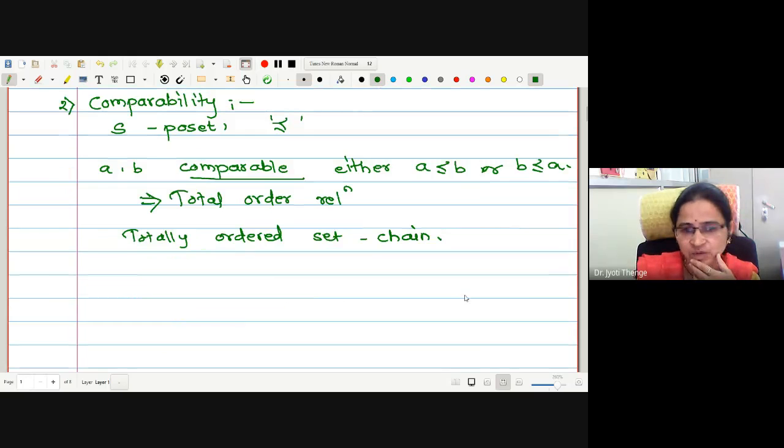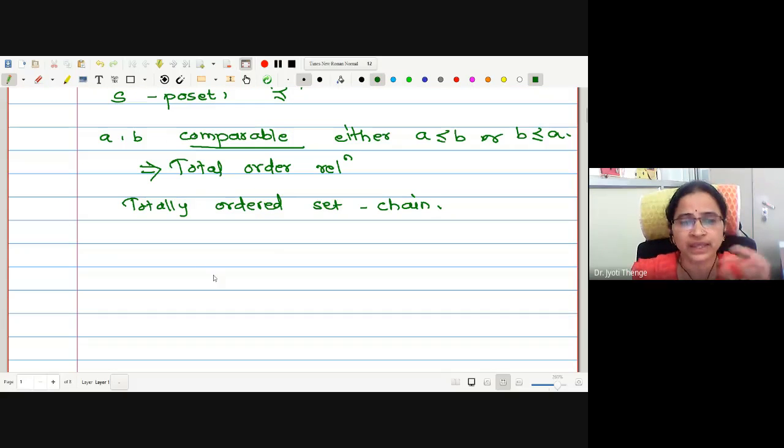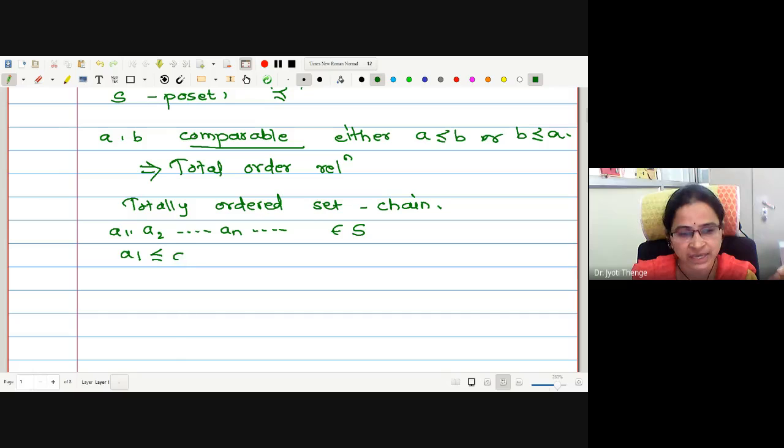Why was the word chain used? Because if I take any two elements and those are comparable, that is, either A precedes B or B precedes A, that is, less than or equal, then it is going to form a chain. Suppose A1, A2, ..., AN are the elements in the set. Any two elements are comparable, so we can write a chain like this: A1 precedes A2, A2 precedes A3, A3 precedes A4, and so on, up to AN.